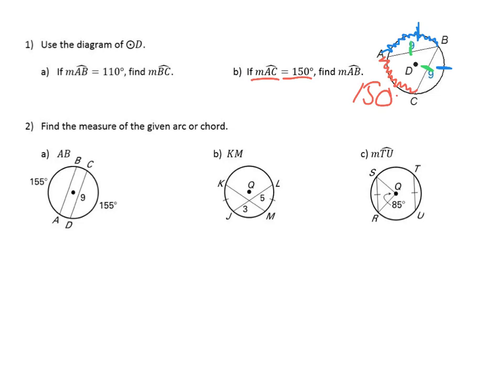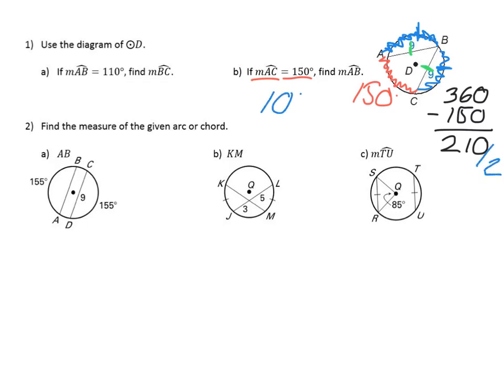Well, once again, I know that it's 360 degrees all the way around my circle. If I take out the one arc that I do have, that 150, that's going to leave me with 210. Now, in this case, I don't need all of that 210. It's split evenly between arc AB and arc BC. So what I'm going to do is cut that in half, which leaves me with 105 for my final answer.